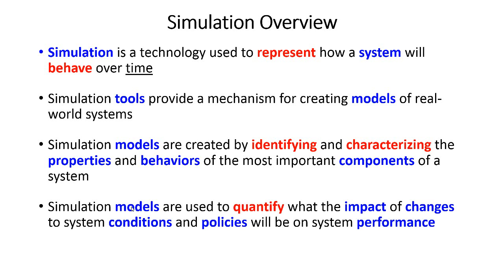The simulation models are used to quantify what the impact of changes to system conditions and policies are going to be on the overall performance of the system. So this talk is about using simulation to facilitate and improve project management.